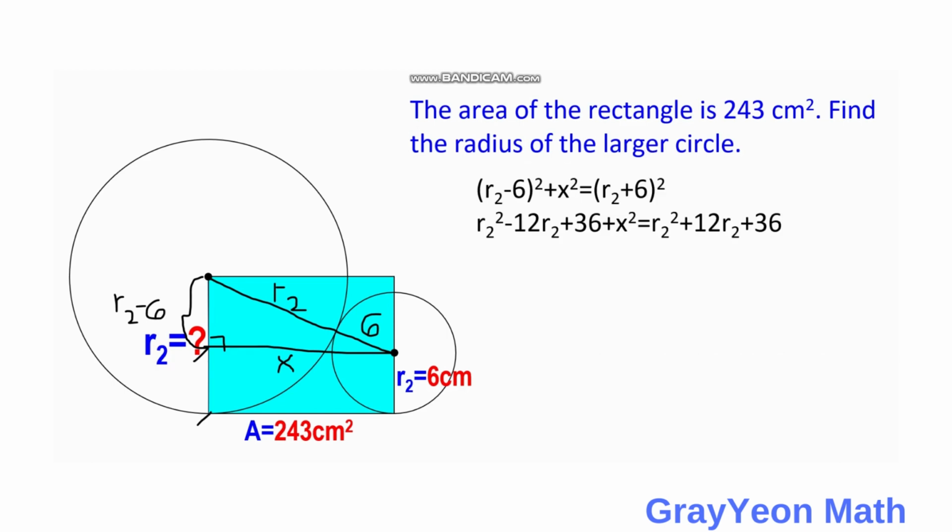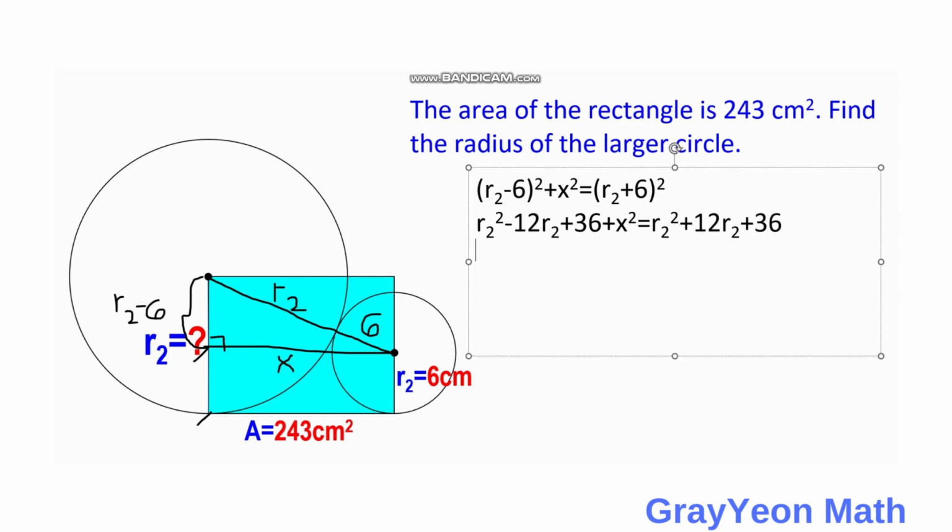Then we square the binomials: R sub 2 squared minus 12 R sub 2 plus 36 plus X squared equals R sub 2 squared plus 12 R sub 2 plus 36.